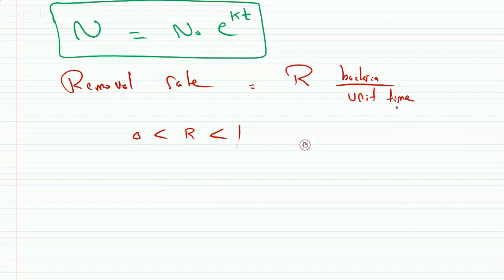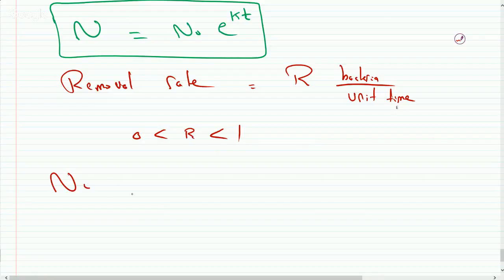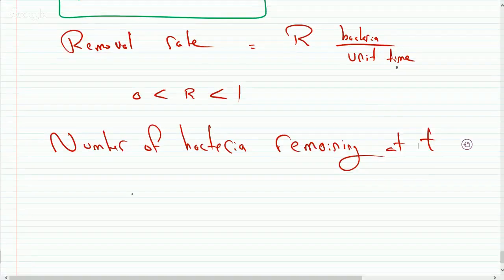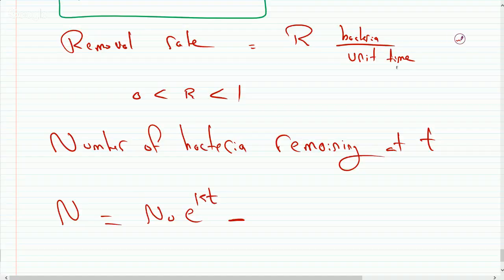So then how much do you have remaining? So the number of bacteria remaining at time t will equal how much you produced, which we found to be N0 e to the kt, minus how much you remove.